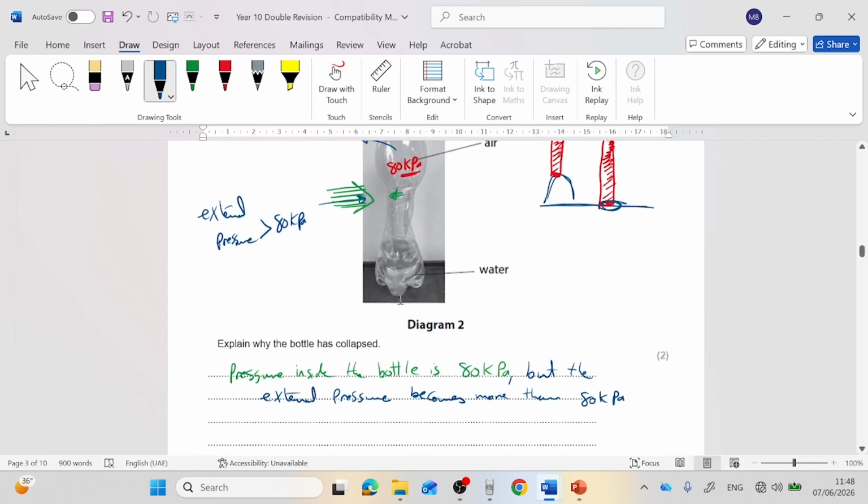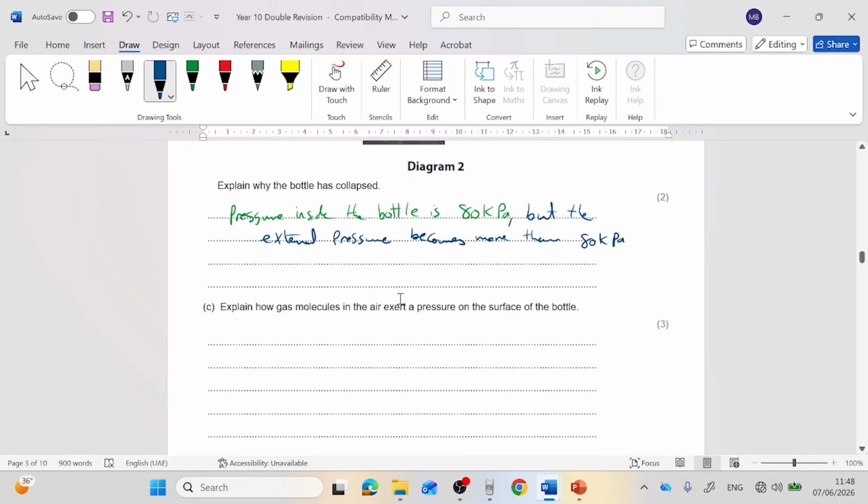So there is more air column above the aeroplane, right? So the external pressure is more than the internal pressure. So the volume of the air inside the bottle will decrease. Why? Because the pressure has increased, right? So this is the answer.